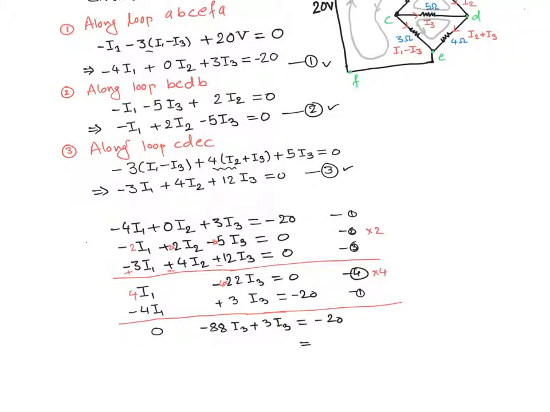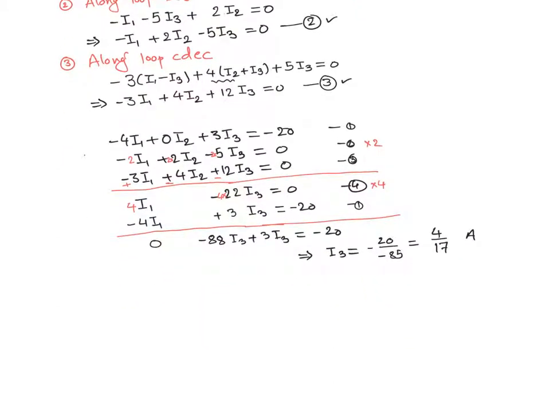This gives I sub 3 equals negative 20 divided by negative 85, which equals 4 divided by 17 amps. This is I sub 3. We got I sub 3. We can substitute I sub 3 in equation 4.